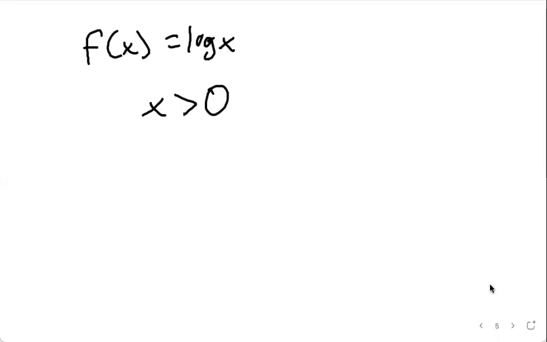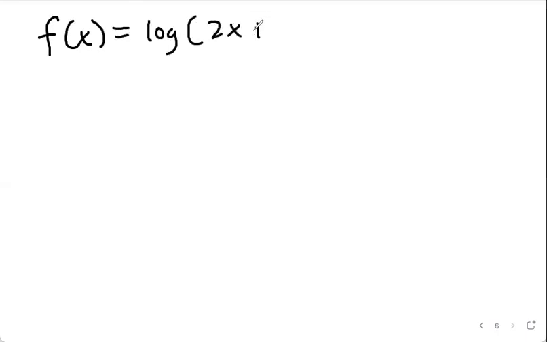Even if the function was more complicated, you could still do this. It's the same exact idea. You just maybe have to know some algebra. So even if I had something like this, same exact idea. What's the domain here? Well, it's going to be whenever the argument is greater than 0. My argument has to be greater than 0. Those are the only kinds of logarithms I can do, right?